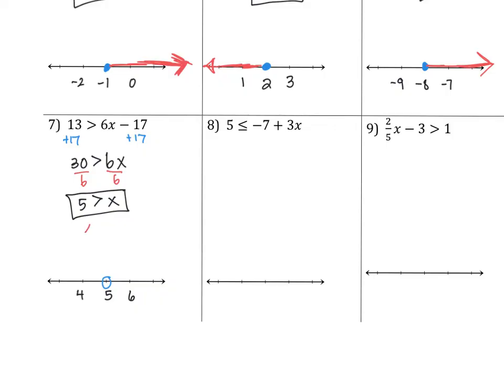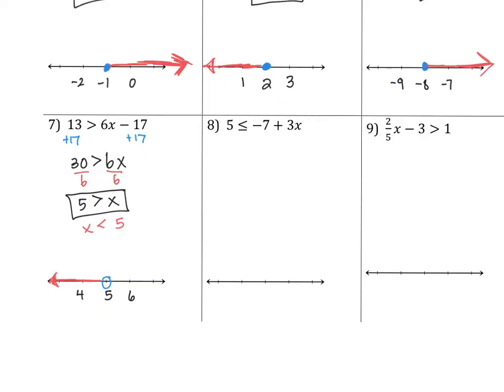If I want to put the x here and I want to switch it with the 5, I'm allowed to switch the x and the 5, but I also have to switch the symbol in the middle because I can't just switch the end things. I have to switch everything. So if you want to switch it, you can, but you got to switch everything, the symbol too. Okay, so then I'm going to shade lower than 5, which would still be towards the 4. Okay, you don't have to switch it, but you do have to shade it correctly. So figure out which way works best for you.